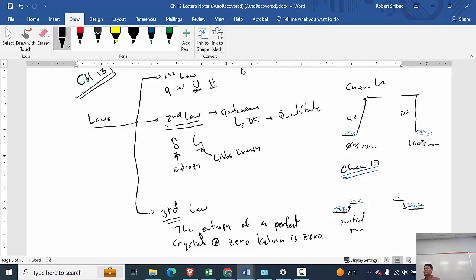That gives us an absolute 0. It's like 0 Kelvin. 0 Kelvin is absolute 0, whereas 0 Celsius is not. 0 Celsius is called an arbitrary 0. It's not an absolute 0.